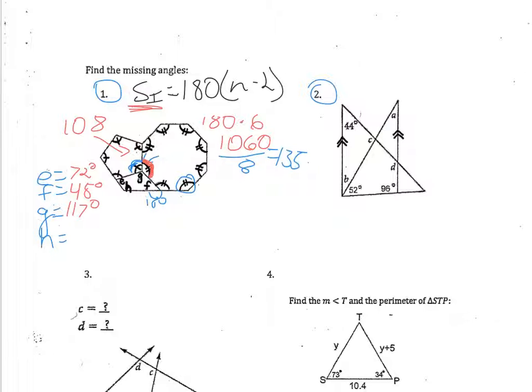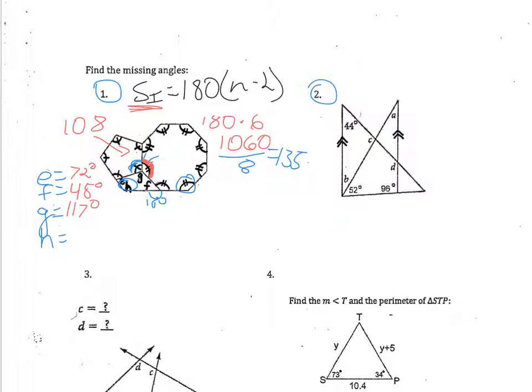Now we're only left with H. To find that, we have to think about what size and shape is our figure. What kind of shape is it? How many sides does it have? And this has 4 sides, which means it's a quadrilateral. And so we know that that's going to have 360 degrees in it.